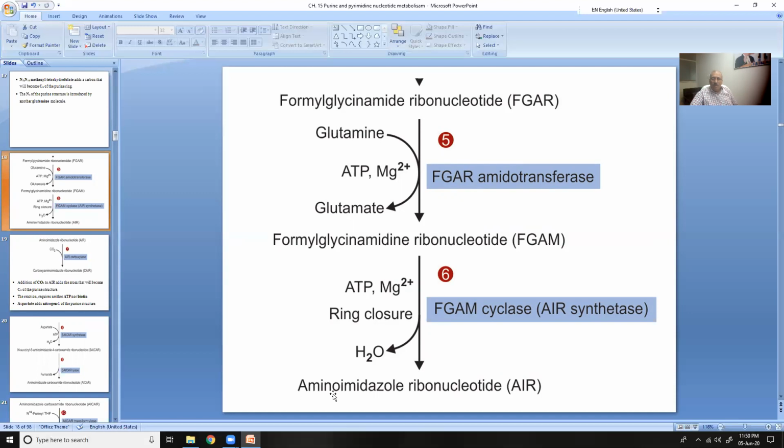Then aminoimidazole ribonucleotide by FGAM cyclase, AIR synthase. Okay, aminoimidazole ribonucleotide, AIR.